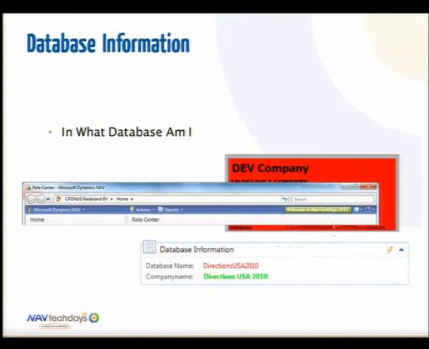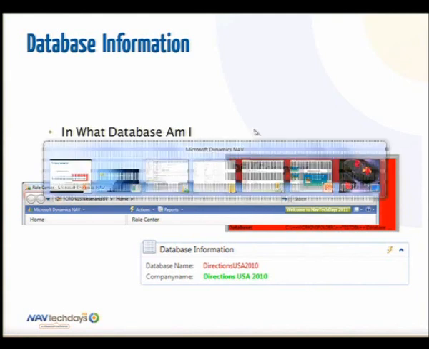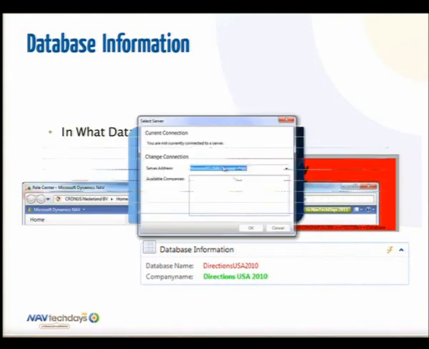Basically, every page that you open, whether it's the role center, an embedded page, or a new page, it will say this text in the color of the decision you have made on the company setup. Yeah, it must be something like that.